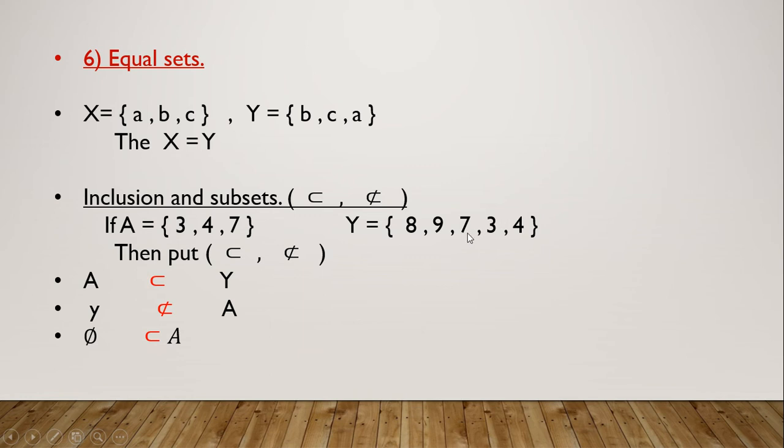The three elements that belong to A belong also to Y. Are all the elements of Y found in A? No, then Y is not a subset of A. Phi is a subset of any set. Okay, phi is a subset of any set.